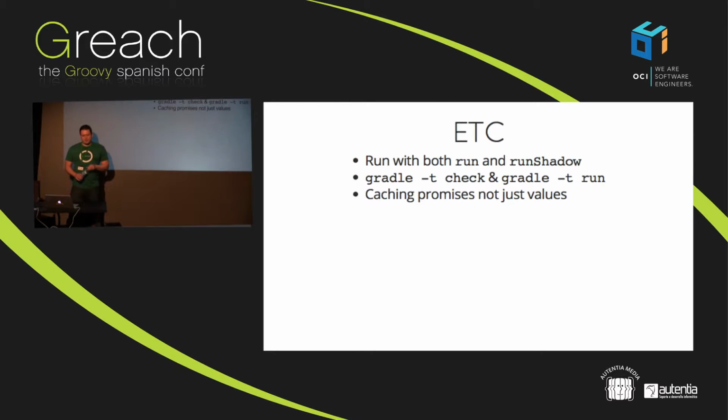All right, so this is just my quick summary of things that I found useful, or teams that I've worked with have found useful that not everyone has realized. With the default Gradle setup, you want to actually run both run and run shadow. The reason is when you do Gradle run, it's going to start in development mode in Ratpack, and that means everything inside of the injection that happens in Guice is actually inside of a Ratpack thread.